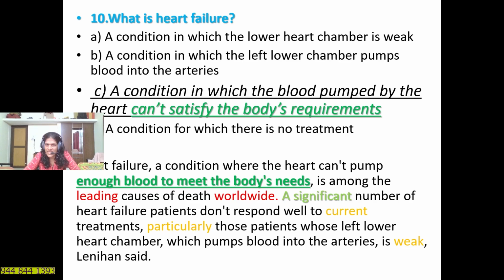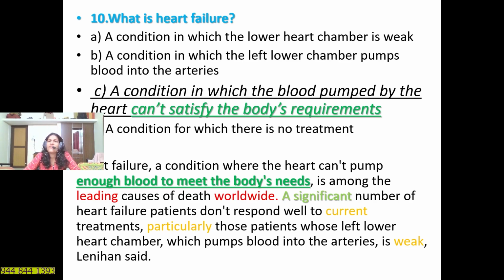But option C, a condition in which the blood pumped by the heart cannot satisfy the body's requirement. The synonymous language, cannot satisfy the body's requirement, is nothing but cannot pump enough blood to meet the body's needs. See, exactly the synonymous language they have used, and they say here a condition in which the blood pumped by the heart. Heart cannot pump, pumped by the heart.